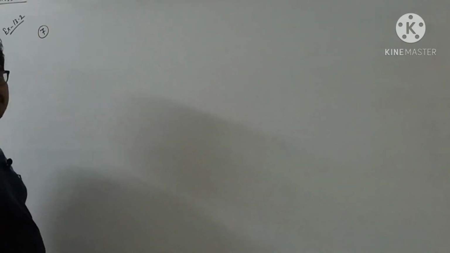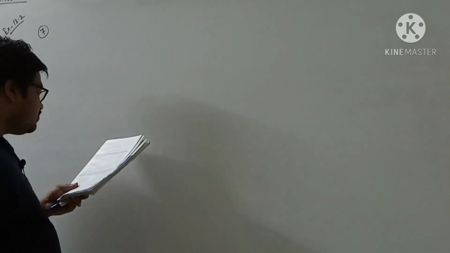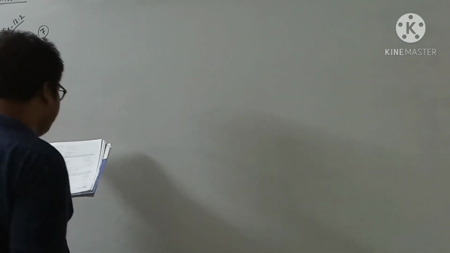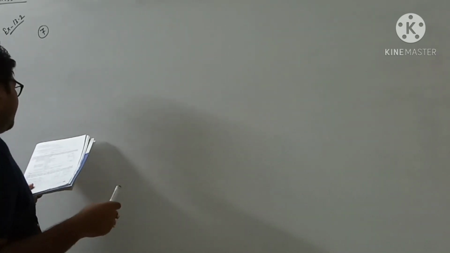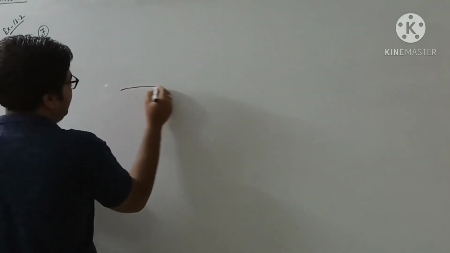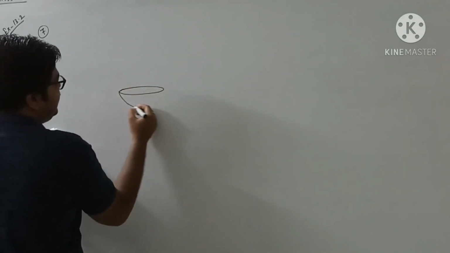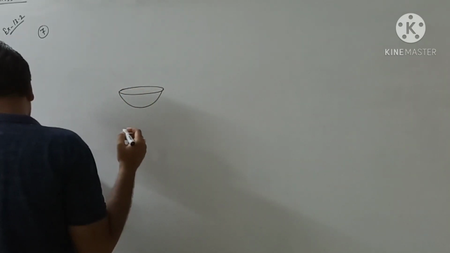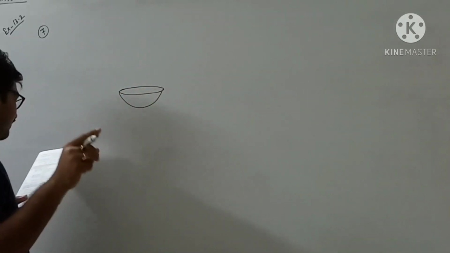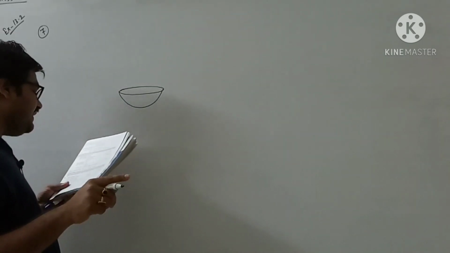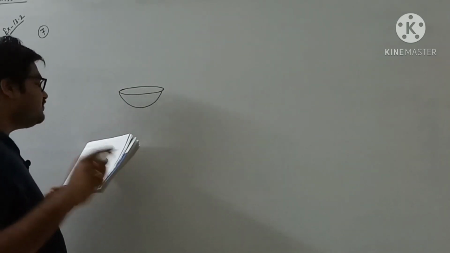Now, question number 7. A solid consisting of a right circular cone of height 120 cm and radius 60 cm standing on a hemisphere of radius 60 cm. So this is the hemisphere, and you just see the radius of the right circular cone, first line you see properly. Radius of the right circular cone is also 60 and radius of the hemisphere is also 60.